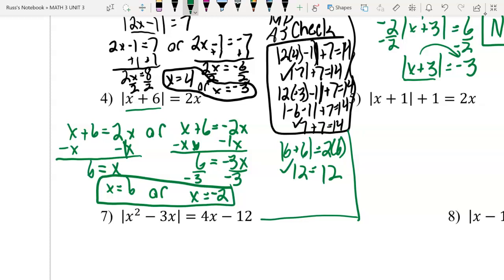And then if I put negative 2 in, let's try it. Negative 2 plus 6 equals 2 times negative 2. Now watch what happens. This ends up being 4, but this ends up being negative 4. That's not true. So negative 2 is not an acceptable solution for this. So all we have is x equals 6.